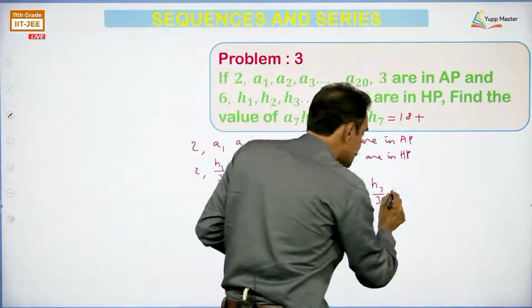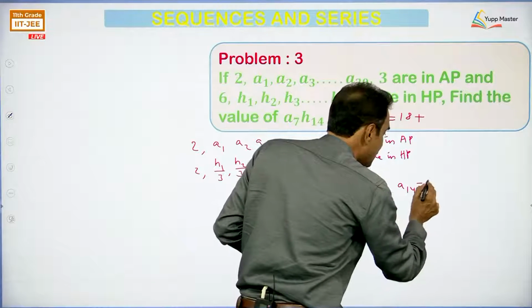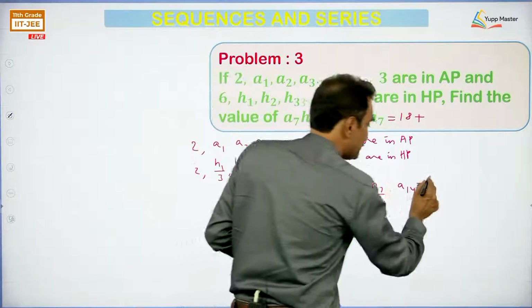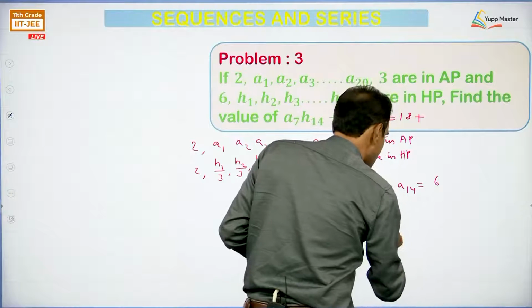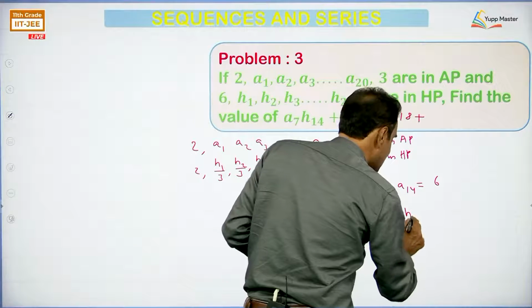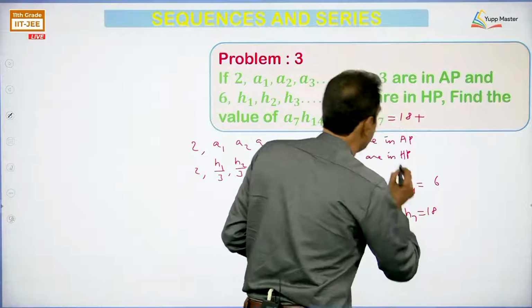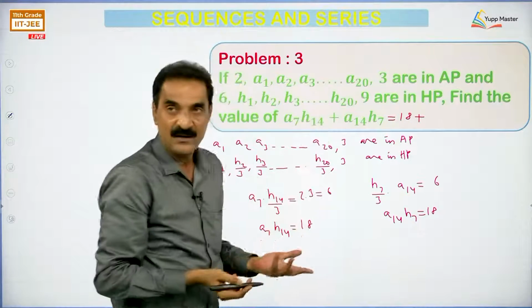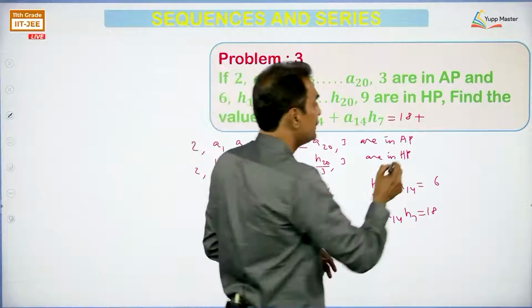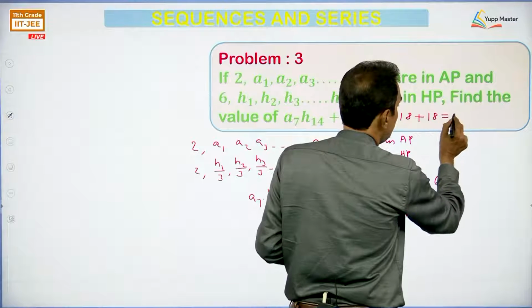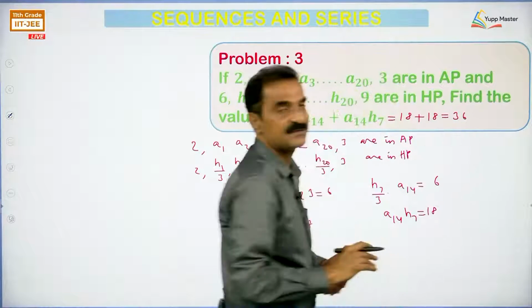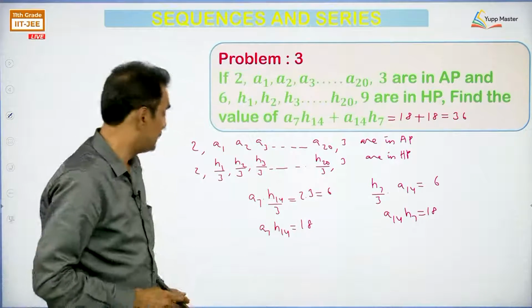So, this into A14 will be equal to again 2 into 3, 6. Therefore, A14 into H7 will be equal to again 18. So, this and this are equal, each value is 18. So, 18 plus 18, answer is 36. Alright. Next question.